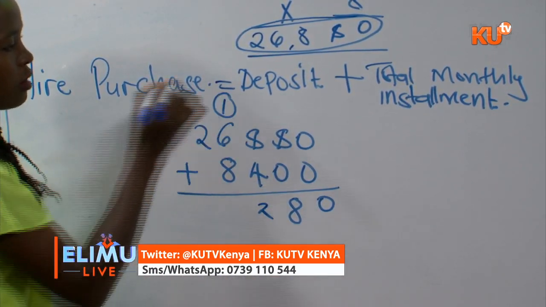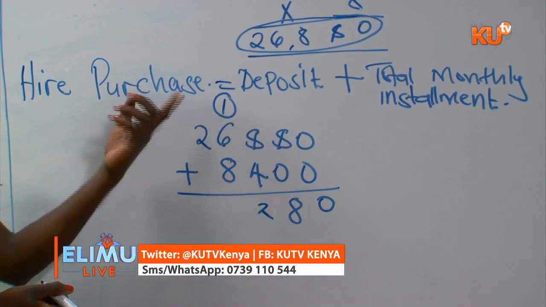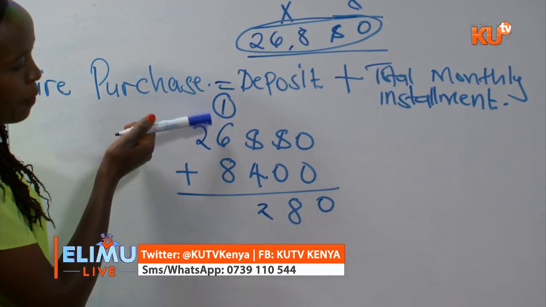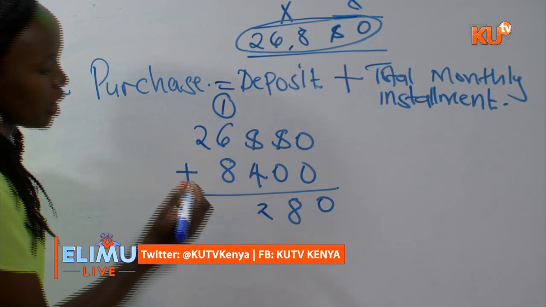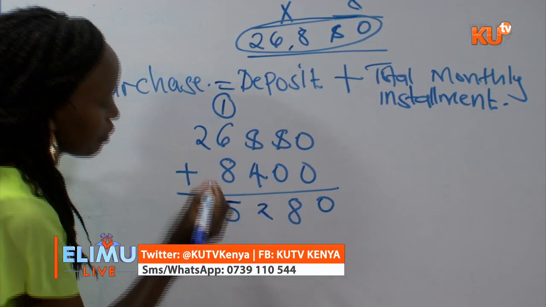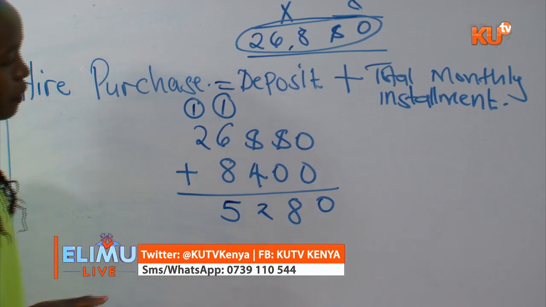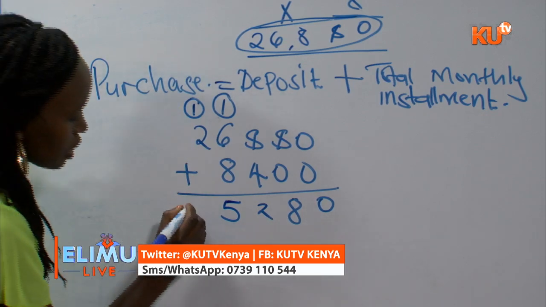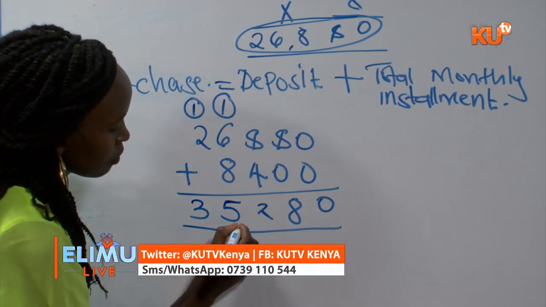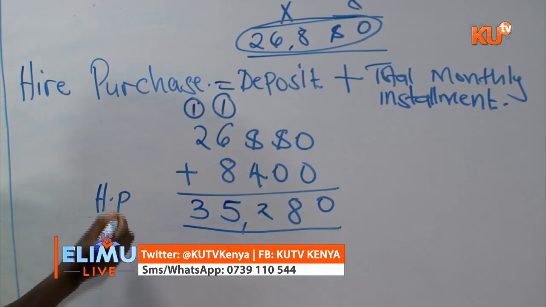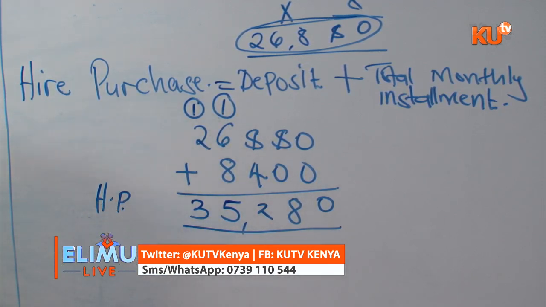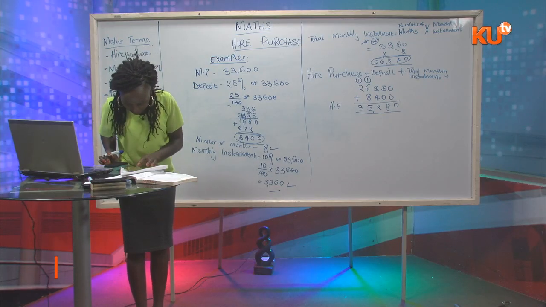I carry 1. Remember to circle the carried figure so that you can remember to add. Then 1 plus 6 is 7. 7 plus 8, we get 15. I write 5. I carry 1 again. 1 plus 2 is 3. So our hire purchase price is 35,280.